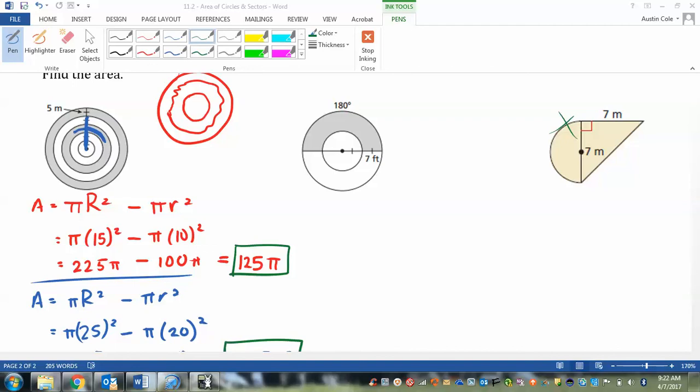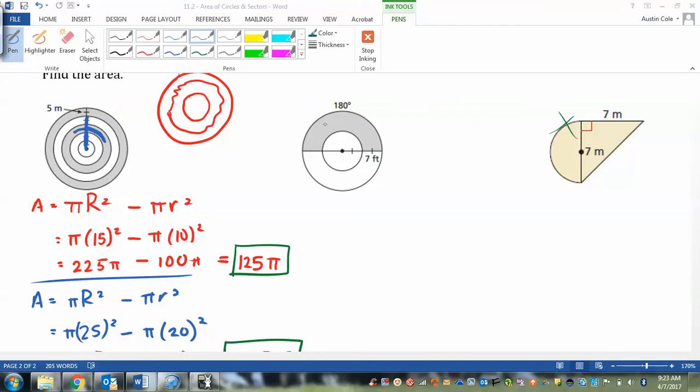We could do the entire thing minus the little circle and then divide by 2. I think you're right. Keep going. The whole circle minus the little one divided by 2. Okay, so if you take, kind of like we do with the ring, this is essentially a ring.